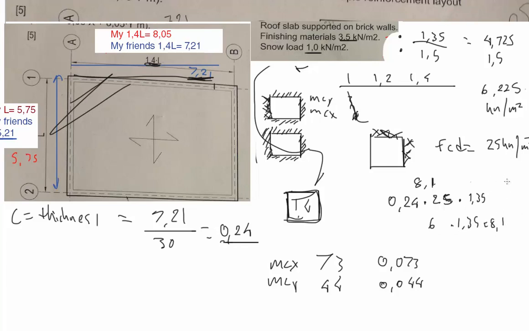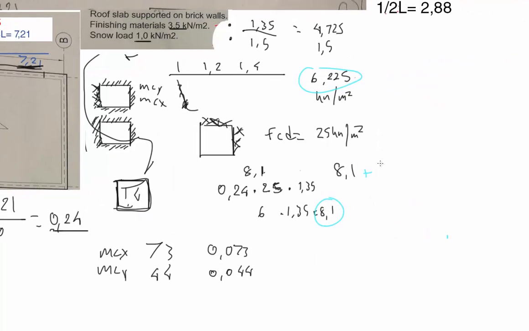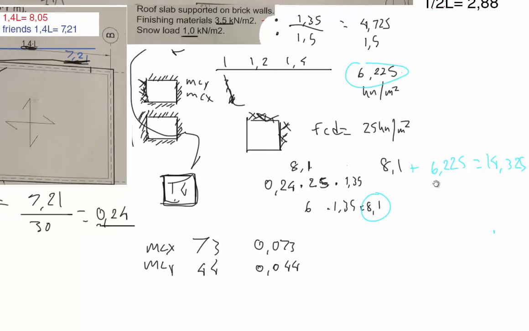Adding that, so 8.1 plus this 6.225 equals 14.325. Same value he got. Yes, correct.